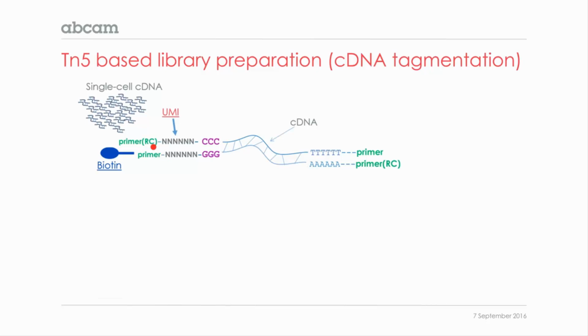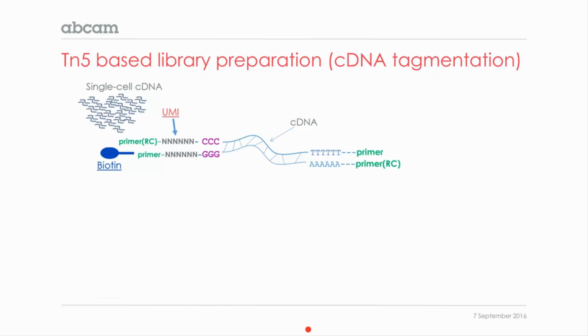We are interested in sequencing only the 5' end in this protocol, because the 5' end contains information about the UMI, and it contains enough information about the gene, because we can read the beginning of the molecule, and that's enough in order to align it to the transcriptome and say which gene it is.